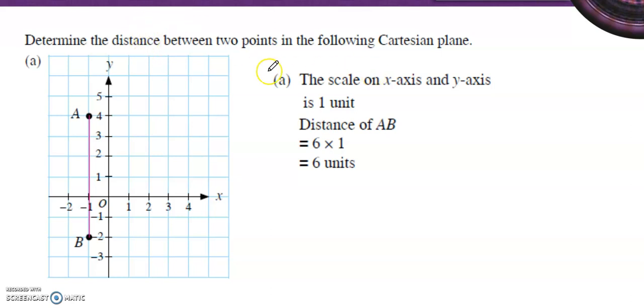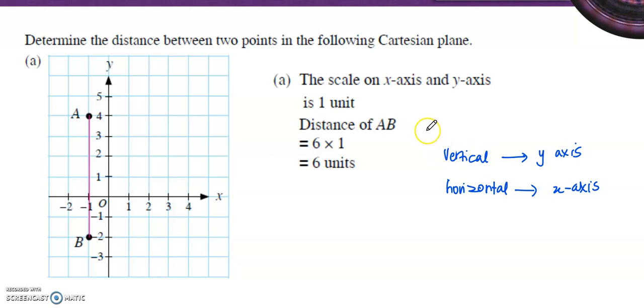Kalau tadi saya dah sebut vertical, dia ada kaitan dengan y-axis. Horizontal maknanya mendatar, we call it x-axis. Vertical menegak, that one is vertical line. And horizontal is mendatar. So that's how we describe vertical and horizontal.